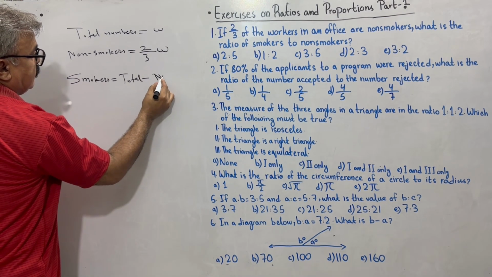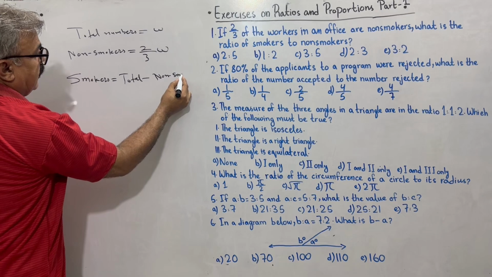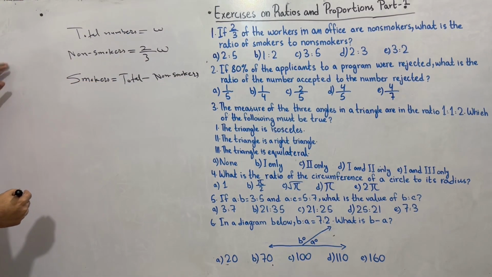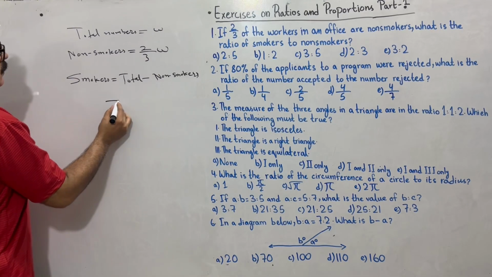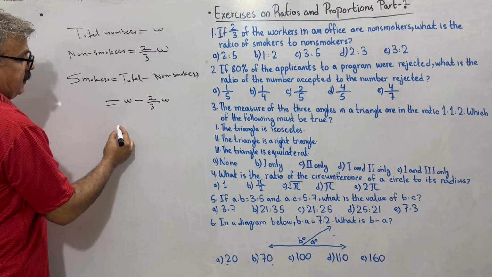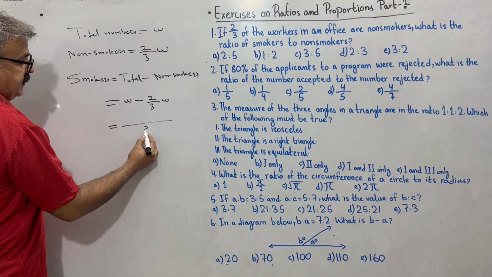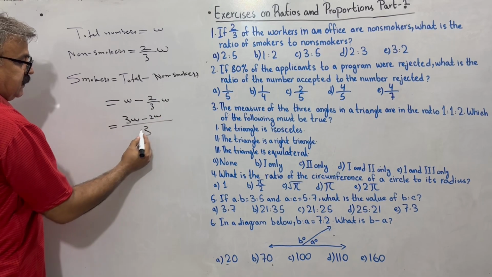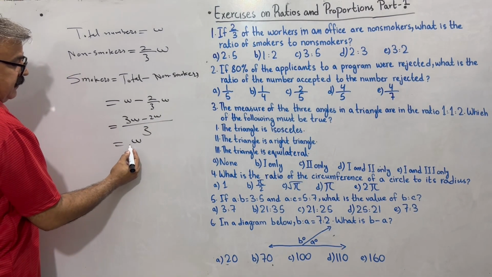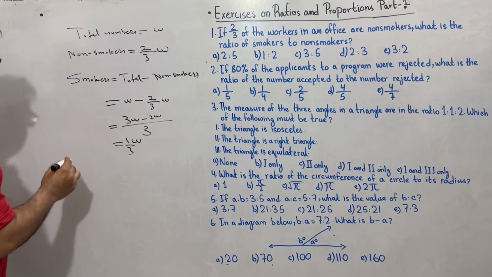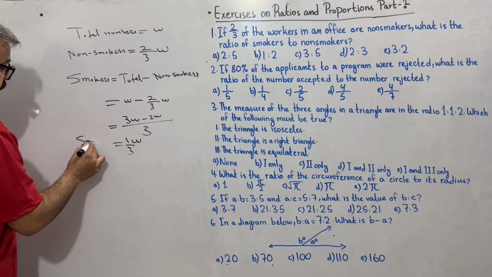Almost the same strategy, instead of 1 we have W now. Total is W, non-smokers are 2 over 3 of W. Taking LCM, 3W minus 2W gives 1 over 3 W. That is the smokers in the total.